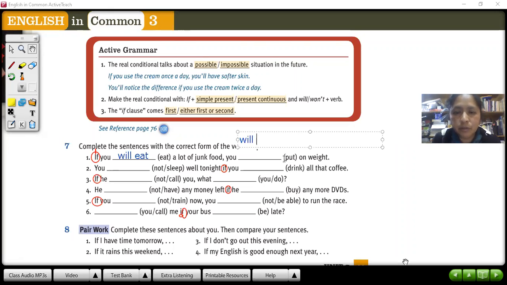And the verb is put. You will put. Yeah, okay. Do you agree? That is Mayra's option. Okay, thank you.